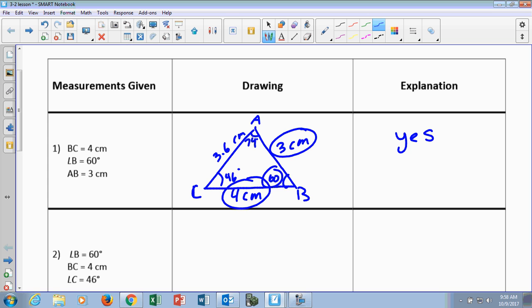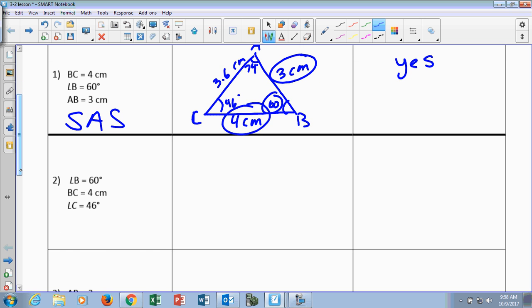I'm going to write this, SAS, which stands for side, angle, side. Those three things are the side, the angle, and the other side. Your triangle might be going the other way, that's fine. We should have at least the same sides.